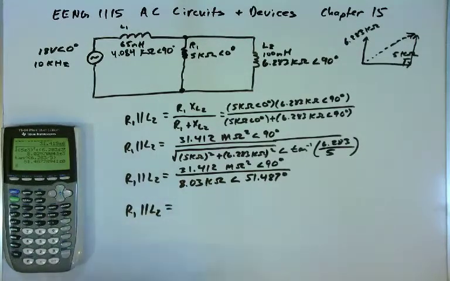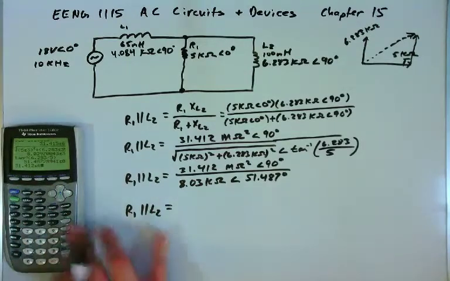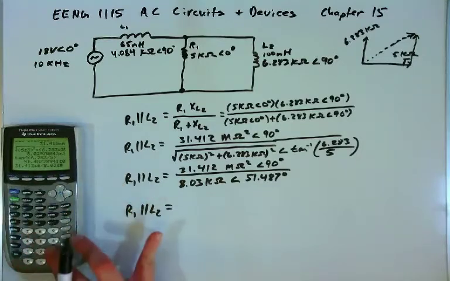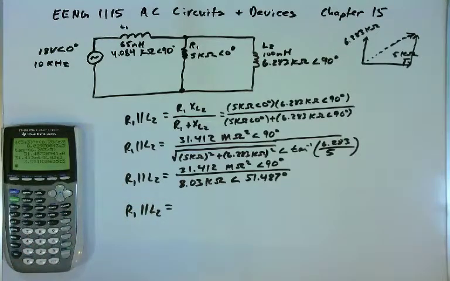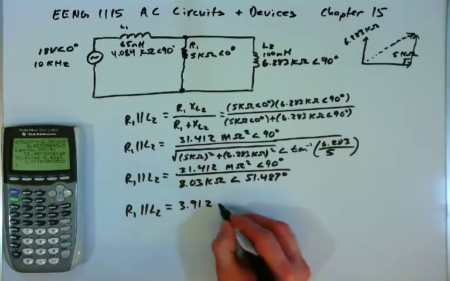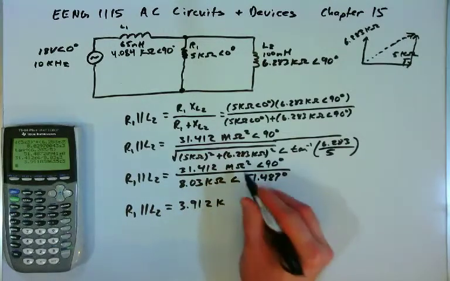Last step is now we can divide. R1 in parallel with L2 will be equal to, so we divide the magnitudes and subtract the angles. We have 31.412 mega divided by 8.03 kilo, and we get 3.912 kilo.